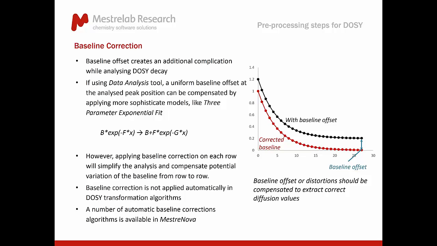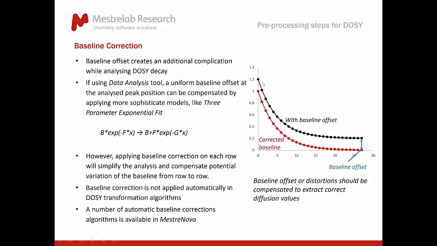What baseline offset does is that if you look at a particular peak, you can see that the peak does not really decay down to zero because you have a little bit of baseline roll or baseline distortion. The final point is never zero. So basically you fit something like the black curve in this picture rather than the ideal red curve.